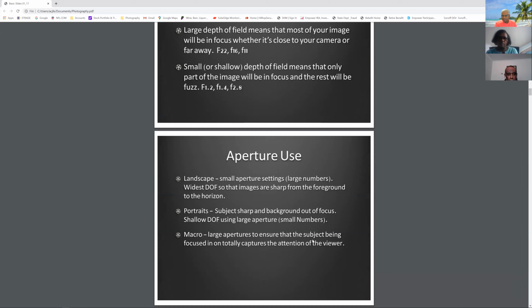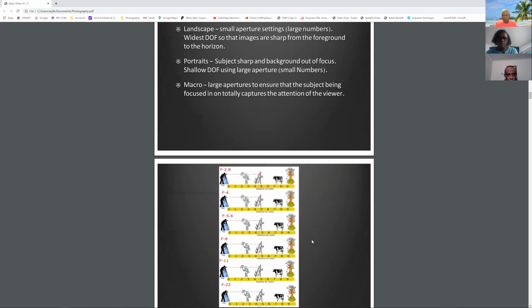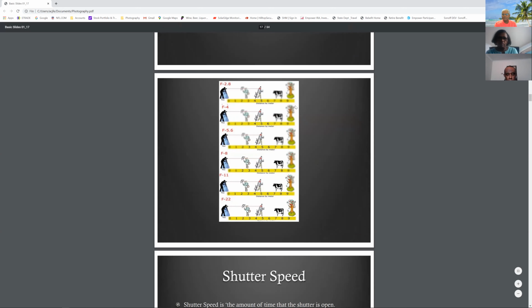This is a very, very important slide. One of the key things you need to check if you are using a digital camera, a DSLR camera, is setting the aperture and how the aperture changes the distance of focus.